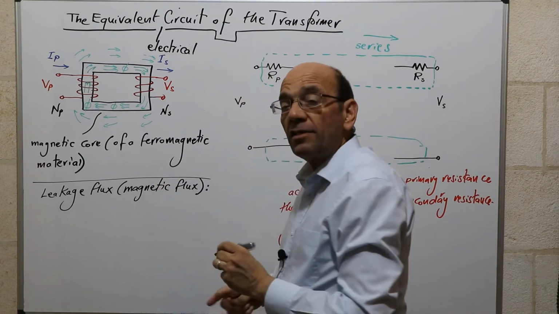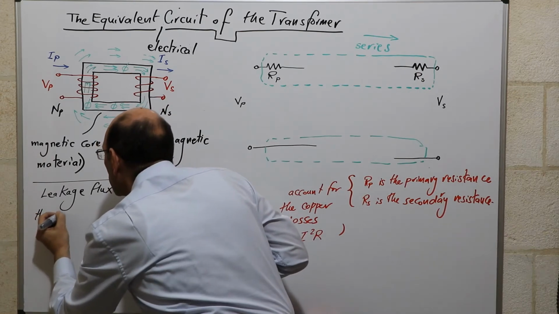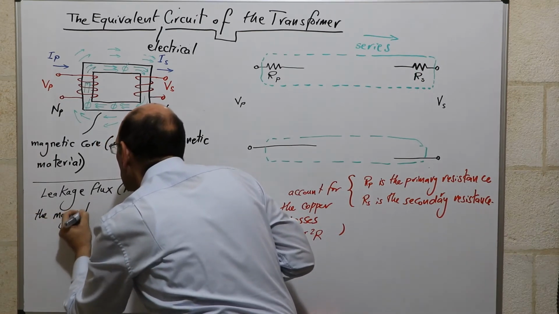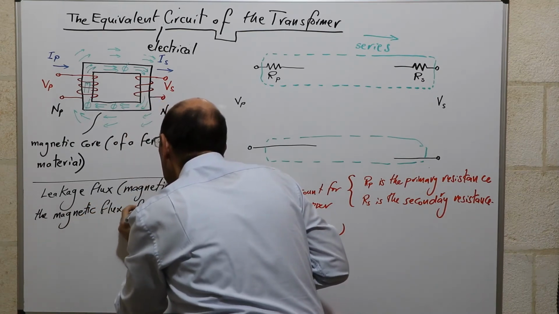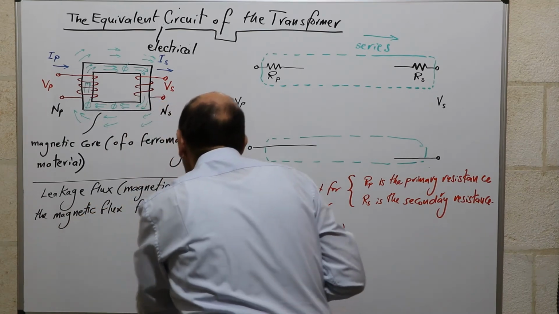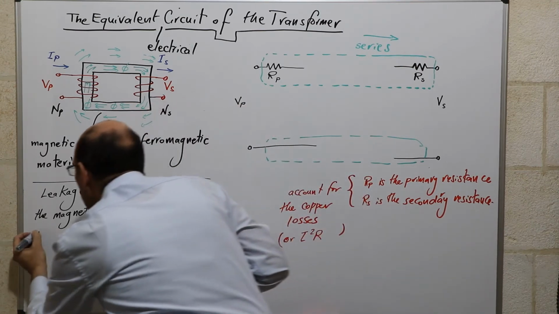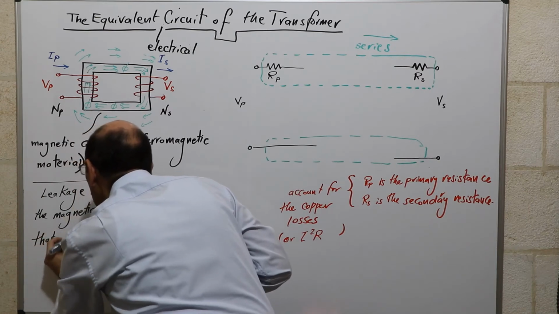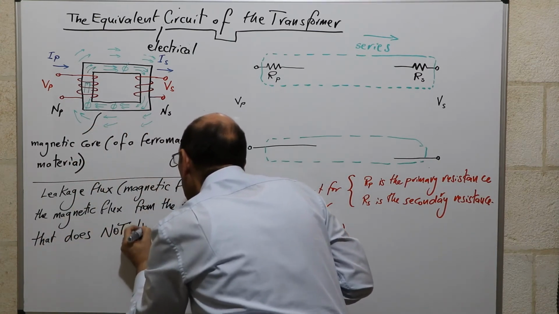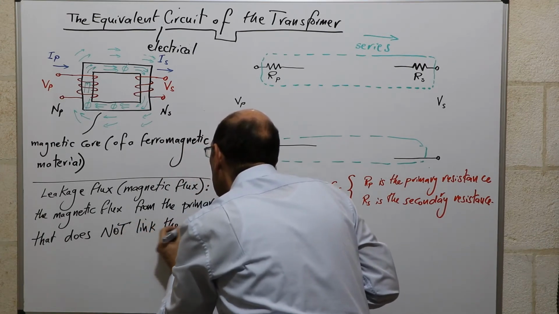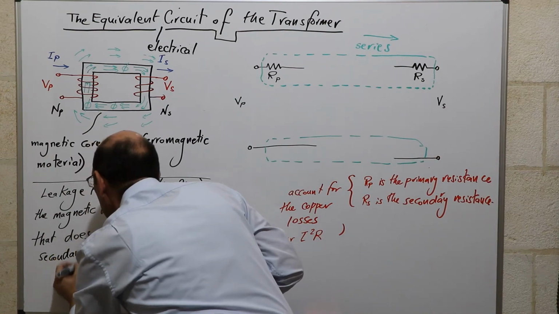And leakage flux is the magnetic flux from the primary that does not link the secondary.